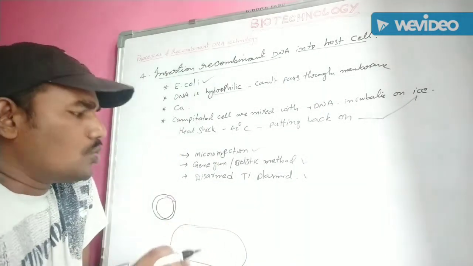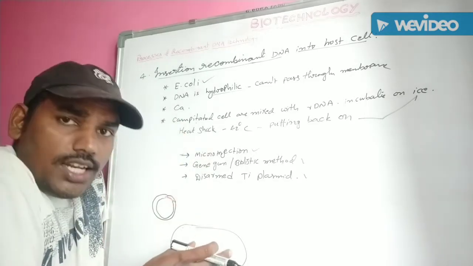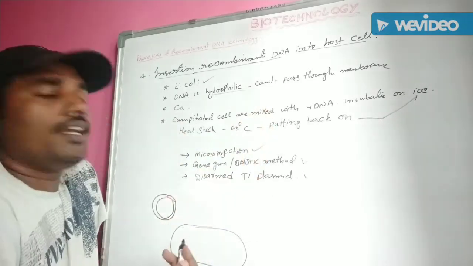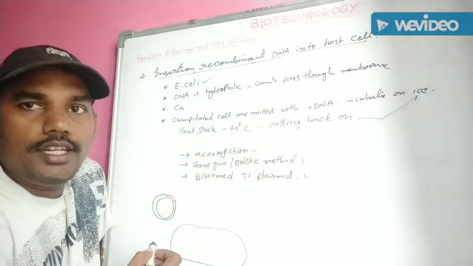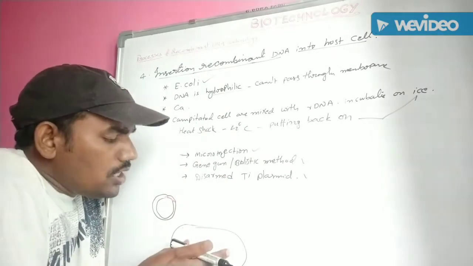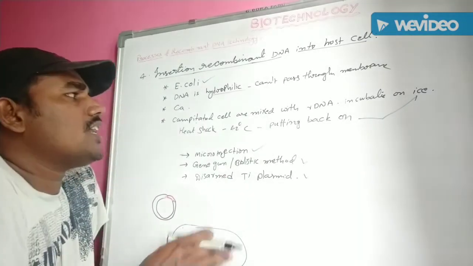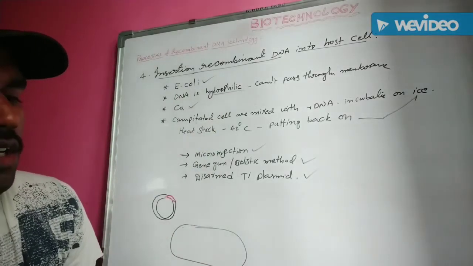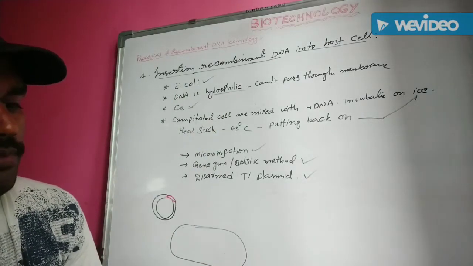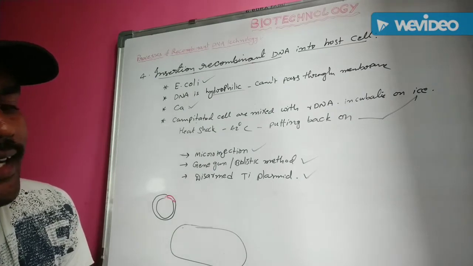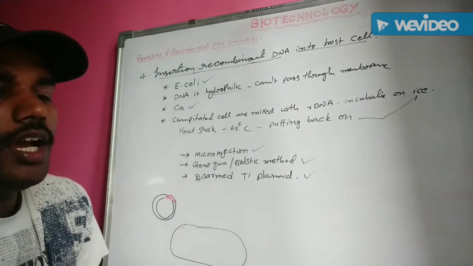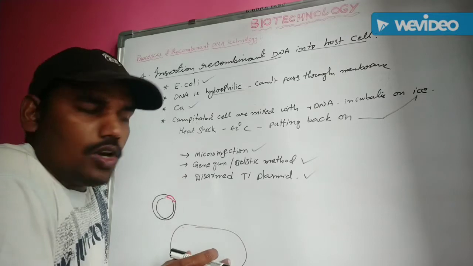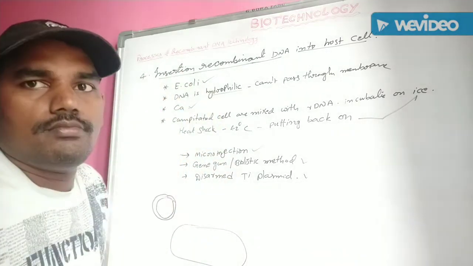Understand? Next one. The host cell is prepared to be ready to uptake recombinant DNA. So the E. coli cells, that means host cells, are treated with calcium. With the help of calcium, that means a divalent cation such as calcium, Escherichia coli cells are treated with calcium.